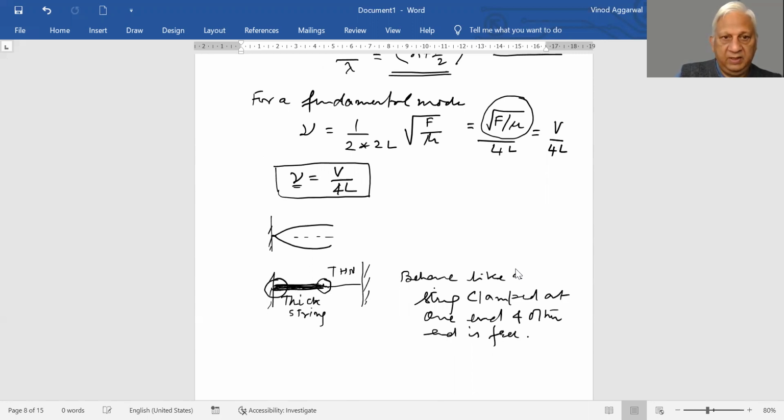So it will exactly behave as if you have a string of length L clamped at one end and free at the other end, even though it is connected by a thin string which is clamped at the other end also.